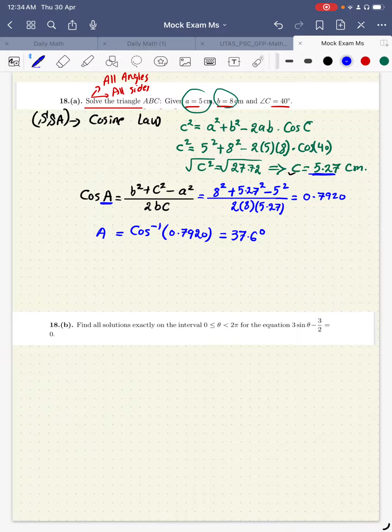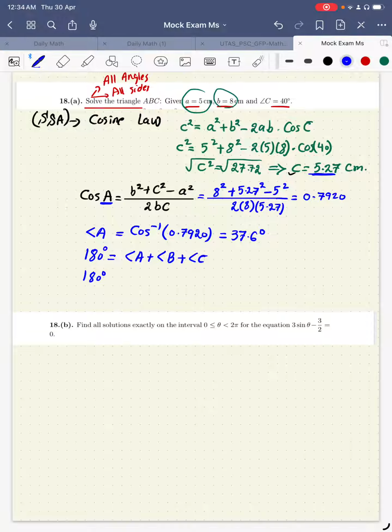If that's my A, how do I find angle B? It's simple, right? Because I know the sum of all angles in a triangle is 180 degrees.